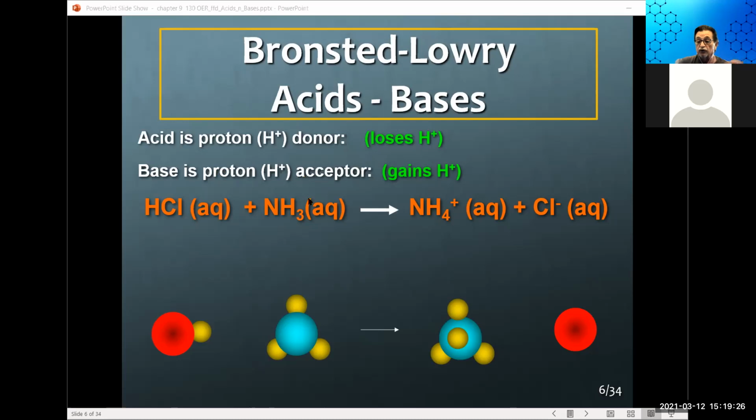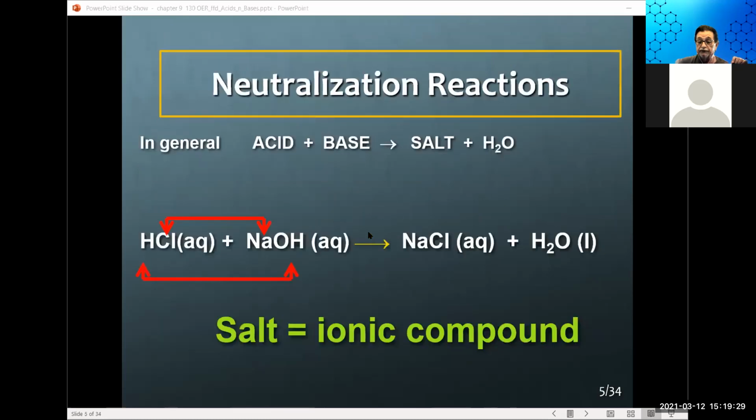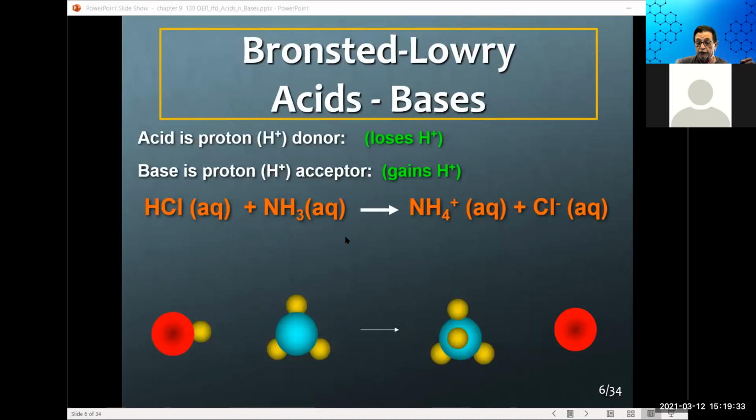Notice there's no hydroxide involved here, like the previous example. Hydroxide versus the proton gave you water. Here, what is happening is we're having a base like ammonia, which has, remember from the Lewis dot structure, a lone pair of electrons on the nitrogen. Remember when we drew the Lewis dot structure for ammonia, we ended up with a lone pair on the nitrogen.